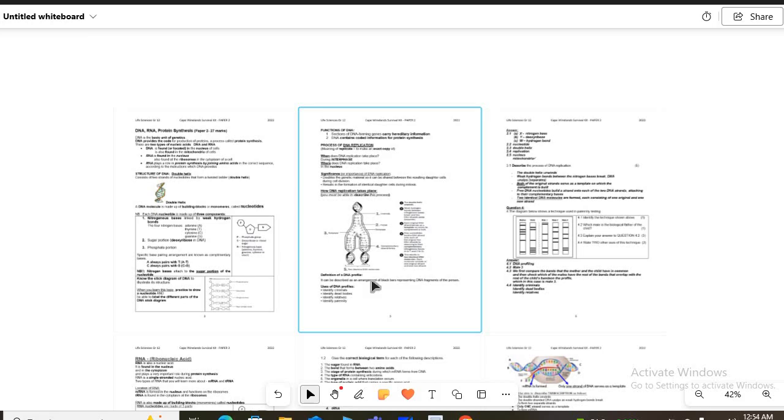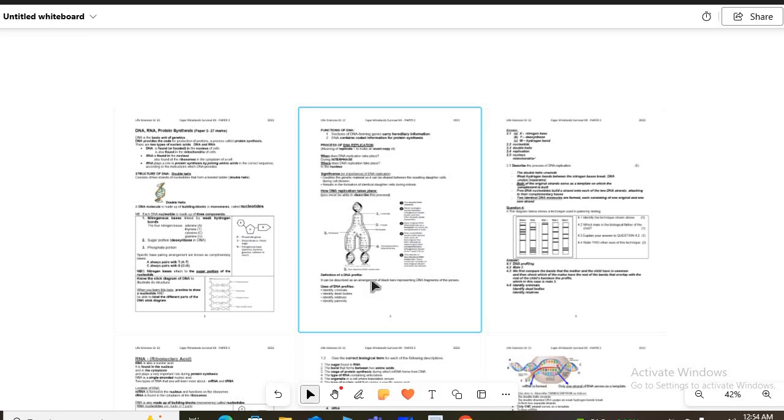Remember when we did DNA replication, it starts with the DNA double helix unwinding, both strands unzip, and the weak hydrogen bonds between the strands break. But instead of both strands acting as templates like in DNA replication, here one strand acts as a template.